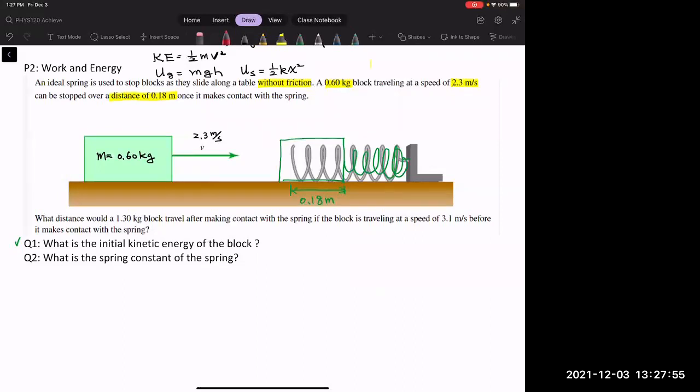When we define initial and final, we say each is a state, and we collect information from each state. If we look at the block, when the block is here, it is state one. When the block is compressed at here, this is state two.